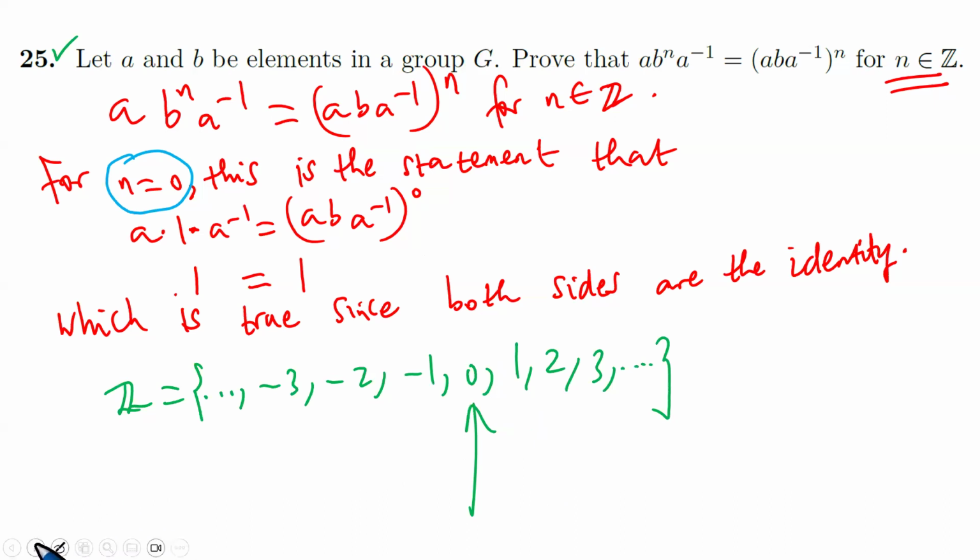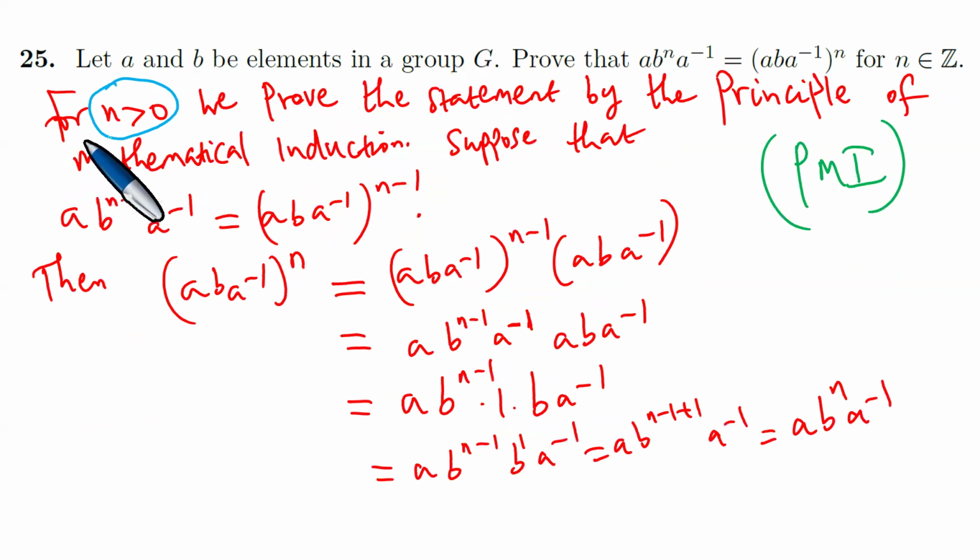And then we went on to say some integers are 1, 2, 3, the positives. For n positive, we proved the statement by the principle of mathematical induction. We supposed that the statement is true for n minus 1, that is, 1 less. In other words, we want to prove it for n, so we subtract 1 from n, so that at the power of the b we have n minus 1, and also a minus 1 to the power n minus 1.